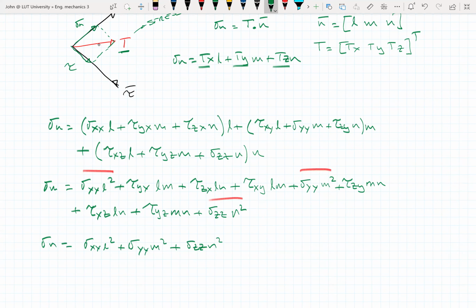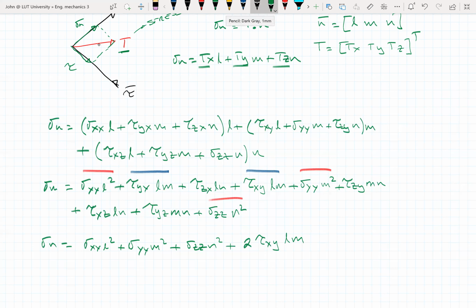Then let's check the other terms. Tau yx, this one here, and this one here. Taking advantage of the reciprocity of shear stresses, I can do this. Plus 2 times tau xy L m.